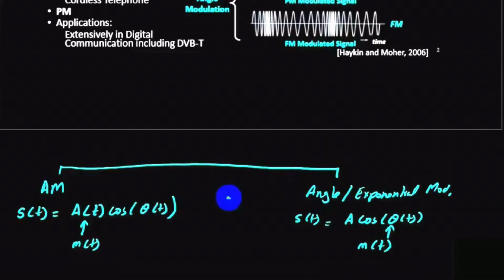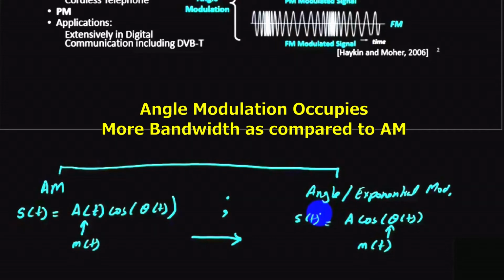So what are the benefits of moving from AM to FM and what are the drawbacks? There is a common misconception which states that the bandwidth of angle modulation might be less than AM, but this is not the case. At best, it is equivalent to AM, and usually it is greater than AM. So, an angle modulated wave or signal is occupying more bandwidth as compared to AM.